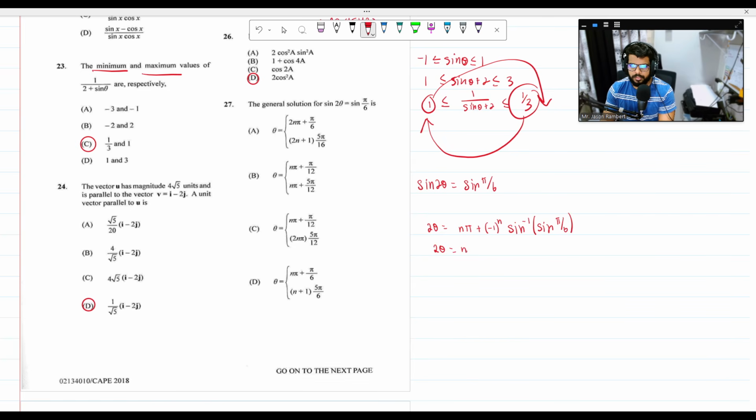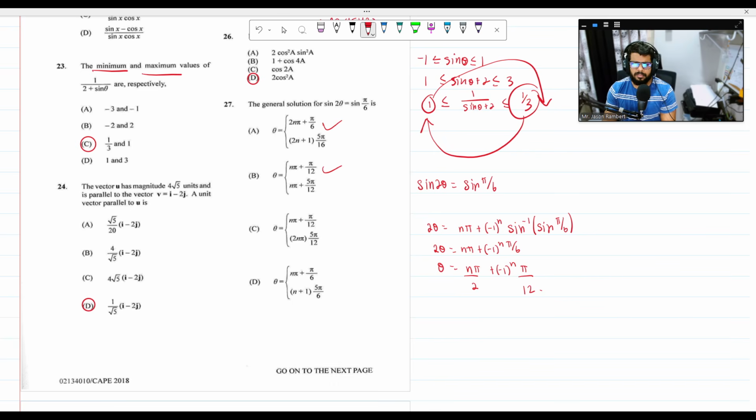So 2 theta is n pi plus minus 1 to the n pi on 6. Divide everything by 2. Theta is equal to n pi divided by 2 plus minus 1 to the n pi on 12. Now this is my general solution.